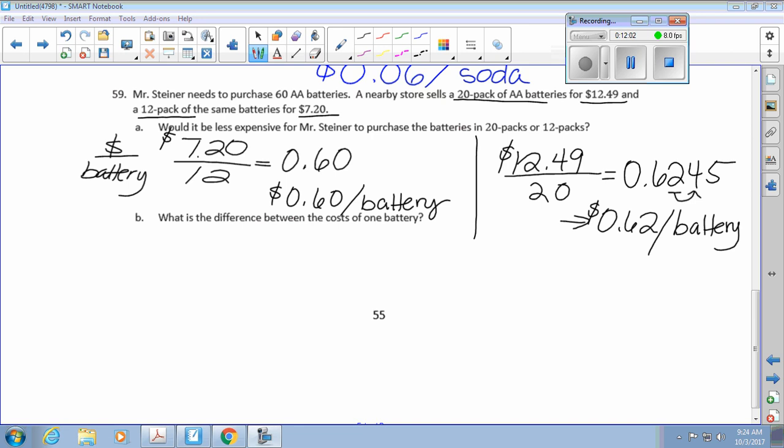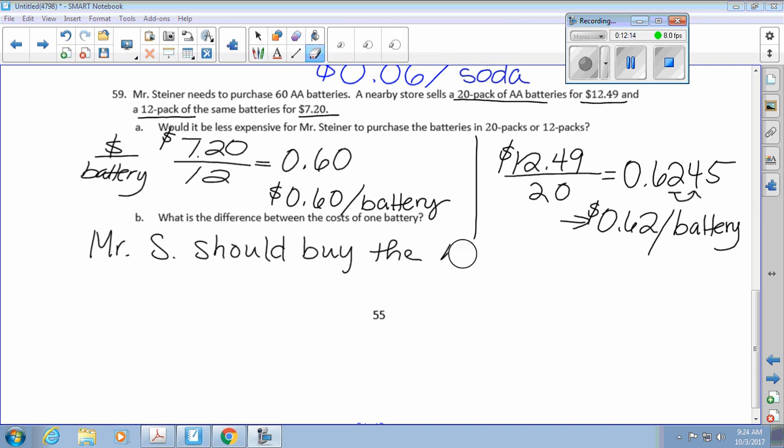So I'm going to write it down here. Mr. Steiner, Mr. S, should buy the 12-pack. All right, what is the price difference?